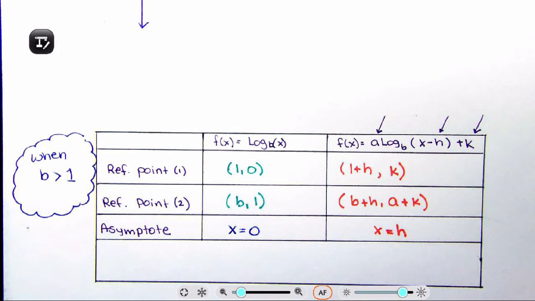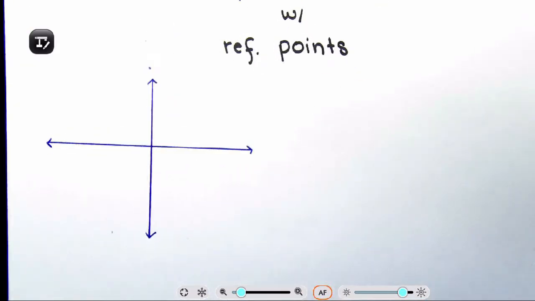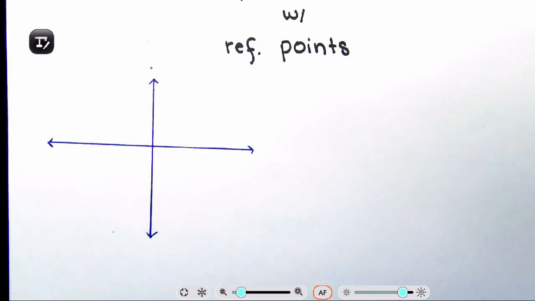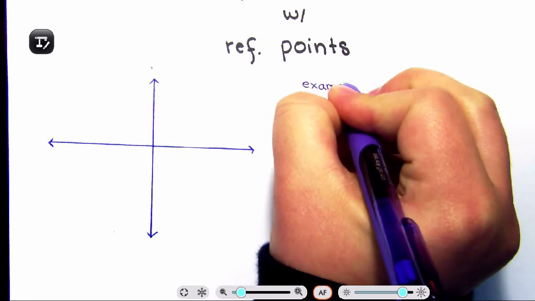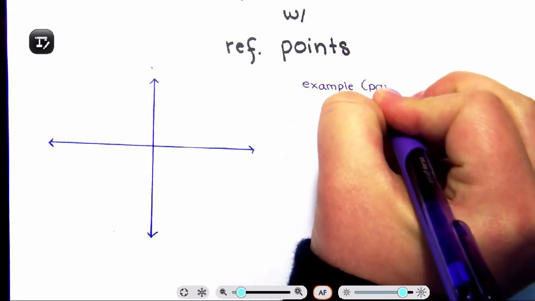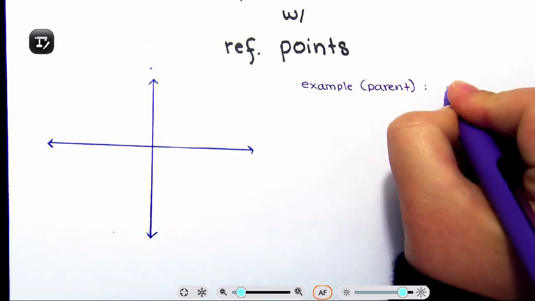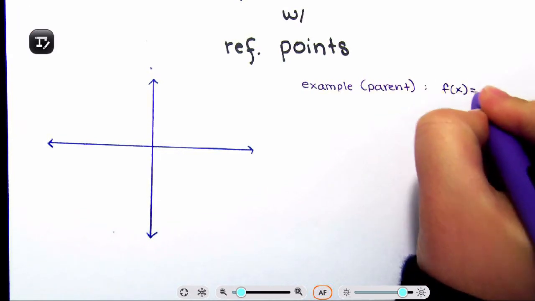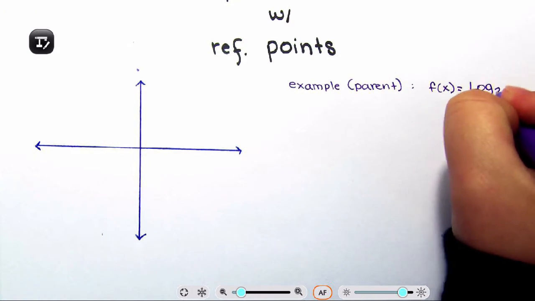Let's go ahead and graph just a basic logarithmic function for our parent function. Again, this will change very slightly depending on your b value. For example, this is an example of a parent function, just so we have an idea of what it is. If you don't like f of x, just use y, and let's use log base 2 of x.